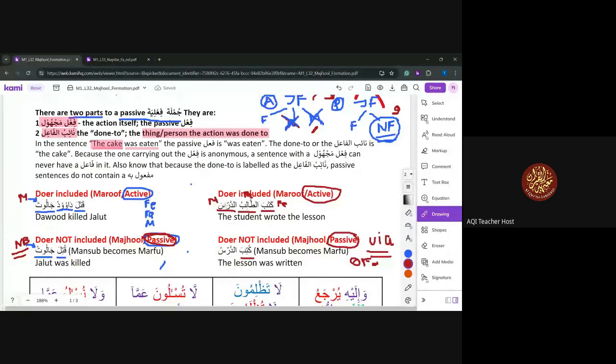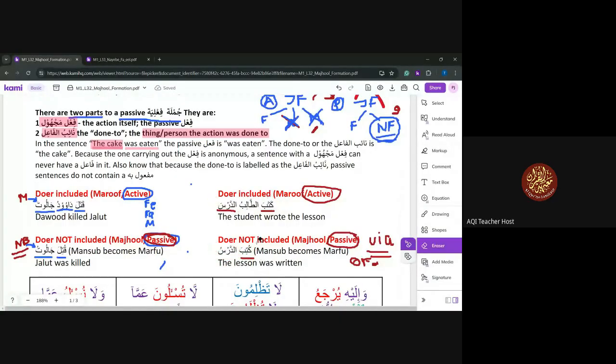And ad-darsa, which had a fatha ending, has become ad-darsu. So it's our Nayebe fa'il. It acts like a substitute of the doer. Only two components, fi'l majhul, kutiba, and Nayebe fa'il, ad-darsu, for passive Jumlatul Fi'liya sentences.